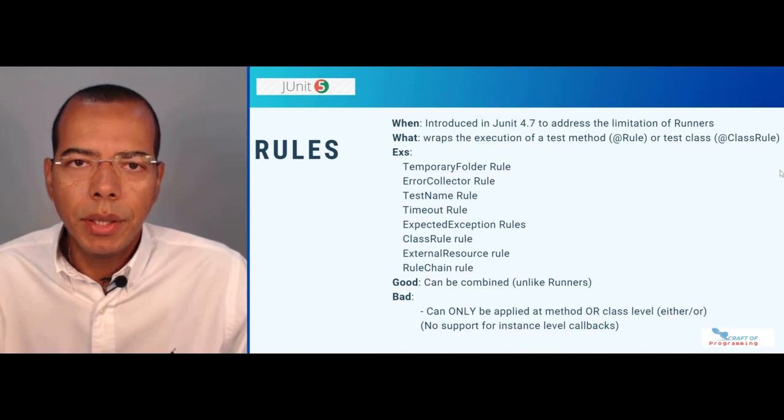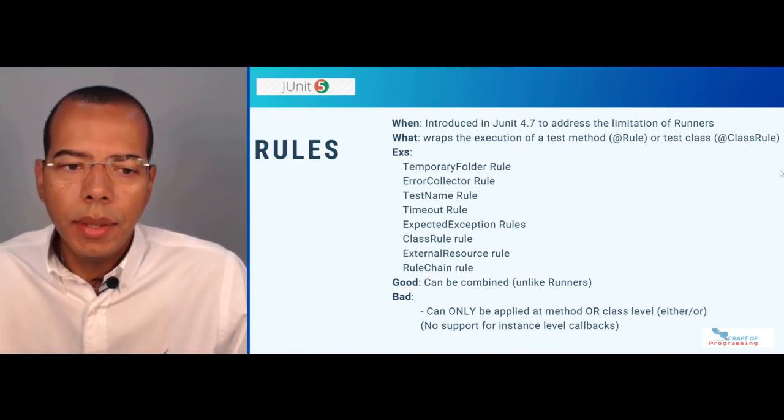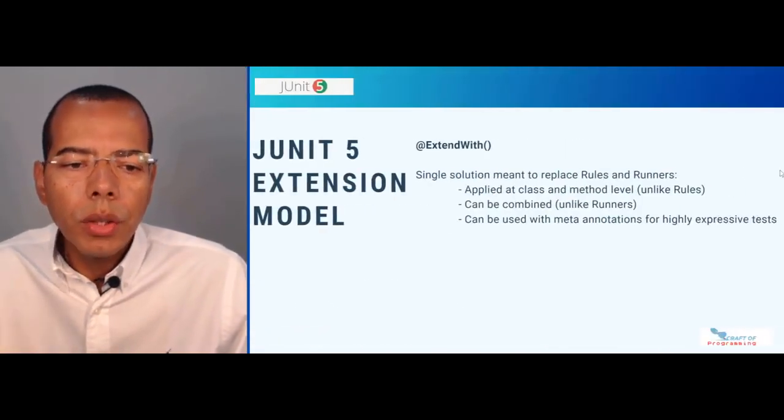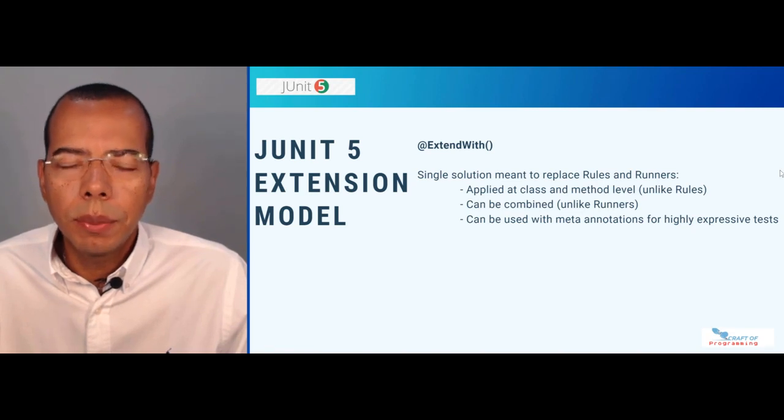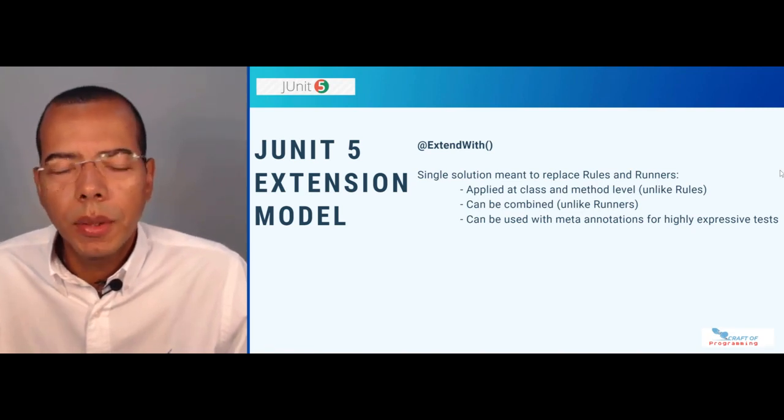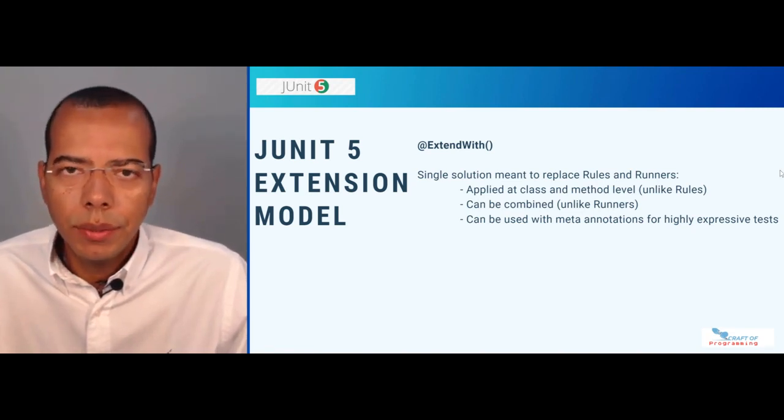And because of the limitations that they had, JUnit 5 introduced a completely new extension model using the ExtendWith tag. This is supposed to be the way that you extend the behavior of tests, and this should supersede or replace rules and runners in JUnit 5.